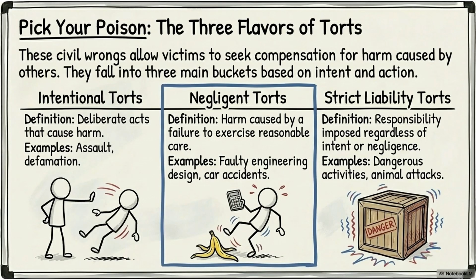Okay, there are three types of torts. First one is intentional tort. Someone deliberately causes harm, assault, defamation. And by the way, that's a very important point. In these cases, a civil wrong appeared. Accordingly, tort law can be applied to provide compensation to the injured individual.